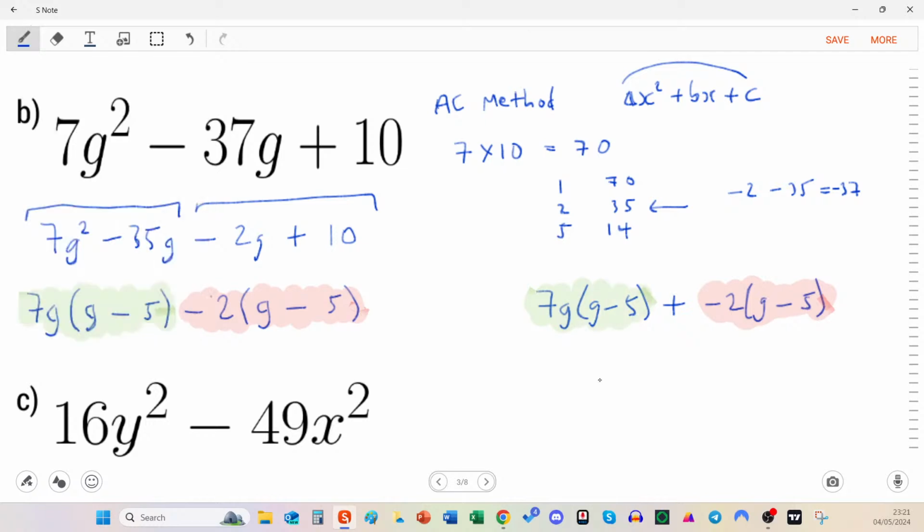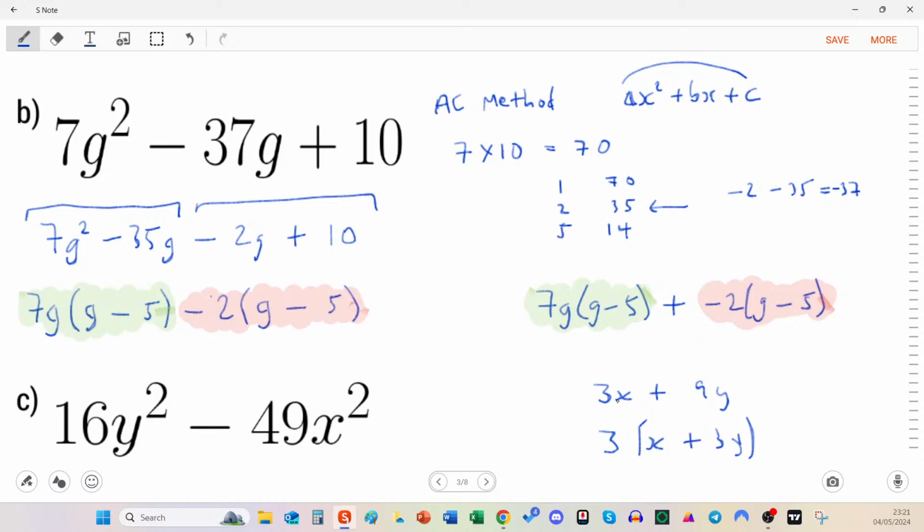So if I had 3x plus 9y, I've got two separate terms, green and red, and I can see what they've got in common, which is 3, and I can take that out like so.